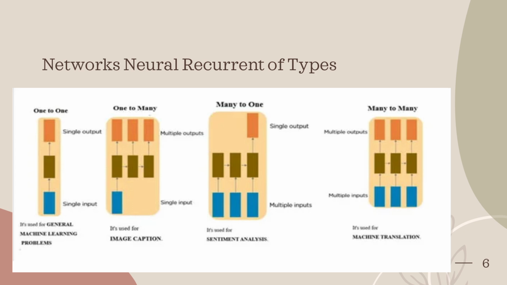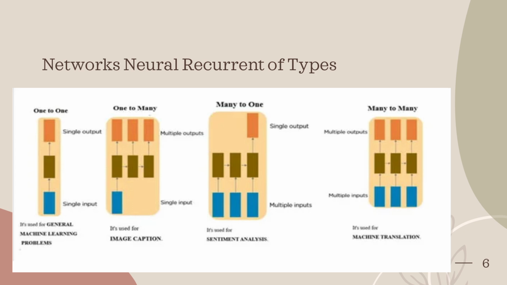And last is the many to many recurrent neural network, which has multiple outputs and multiple inputs, and we can include multiple hidden layers between them. One to one is used for general machine learning problems. One to many is used for image captioning. Many to one is used for sentiment analysis, and many to many is used for machine translation.